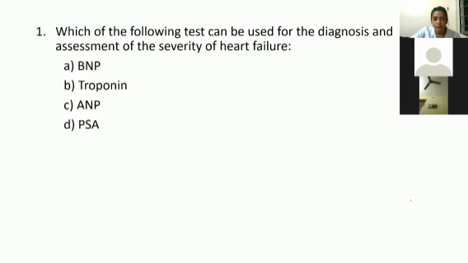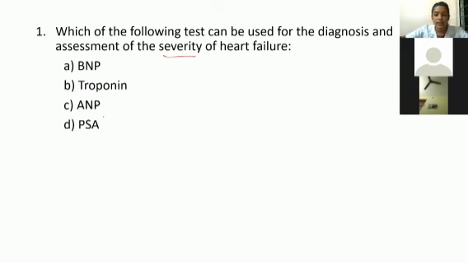So this is about the nursing management. So I'm going to ask some questions. I think you can answer this. We discussed all of these things in the class itself. Which of the following tests can be used for the diagnosis and assessment of the severity of heart failure? Option A, BNP. Option B, troponin. Option C, ANP.